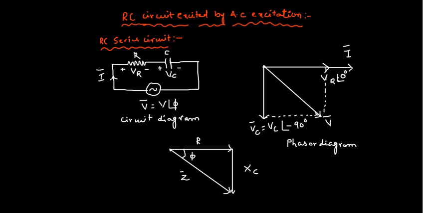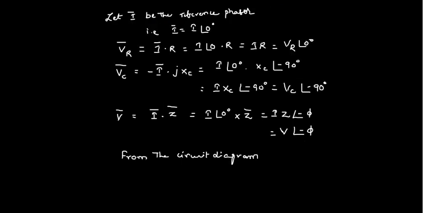Now if you apply the KVL to this particular loop, from the circuit diagram we will get V bar equals VR bar plus VC bar.